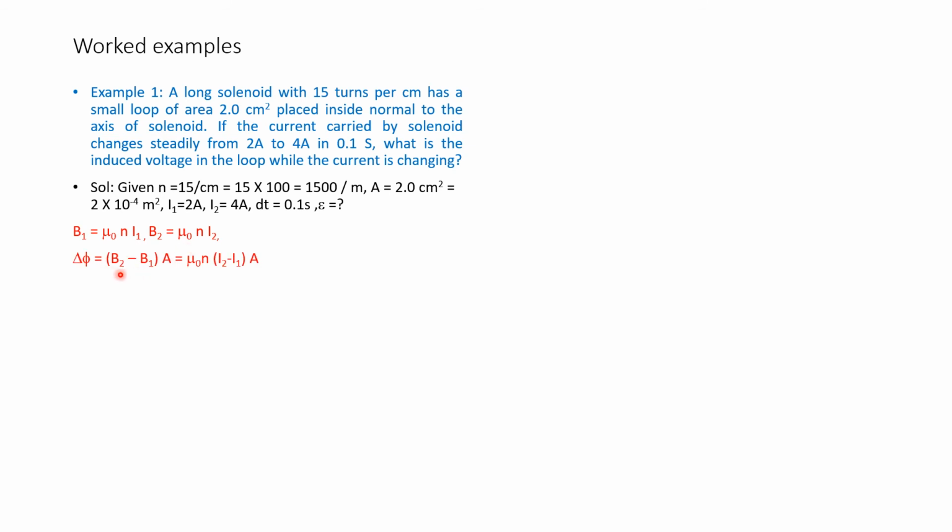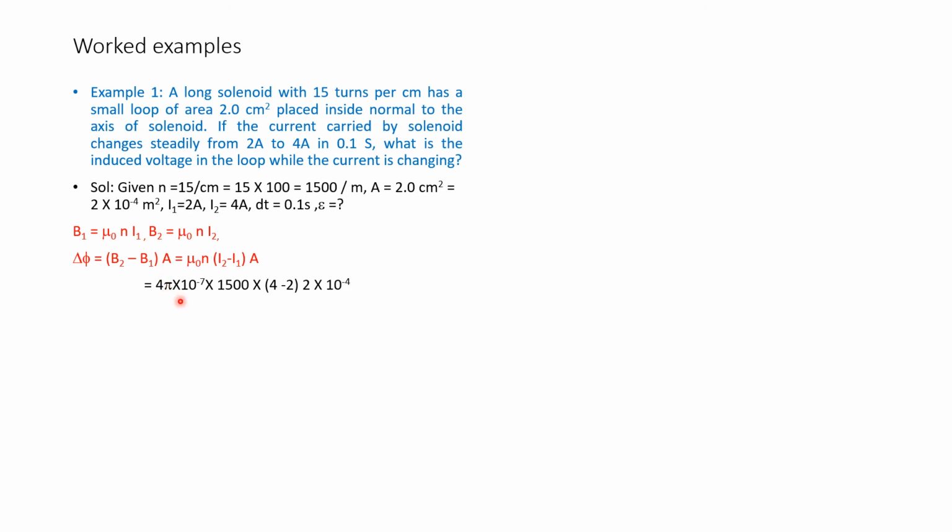Therefore, d phi is equal to B2 minus B1 into A, that is mu naught N into I2 minus I1 into A, because phi is flux density multiplied by area.